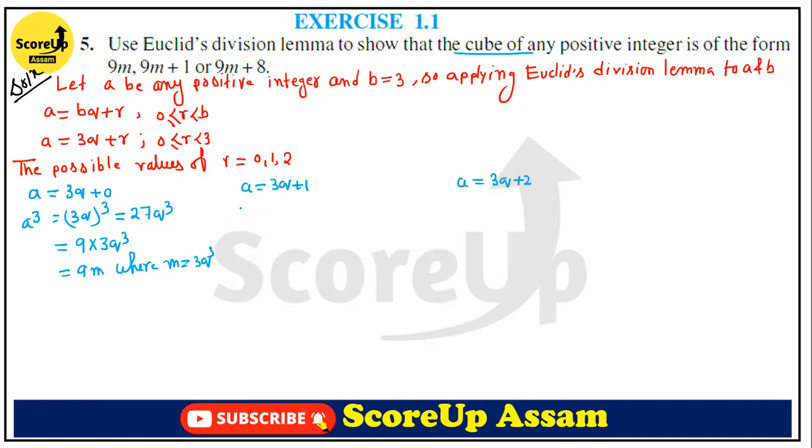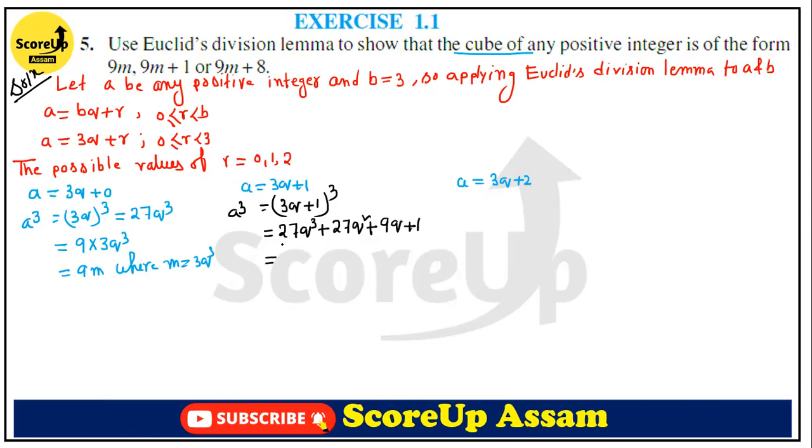Okay. So similarly here, if we do cube, a cube is equal to what? (3q plus 1) whole cube. Now the value of this: 27q cube plus 3a square b, that means 9 into 3, 27q square, plus 3ab square, so 9q plus 1.